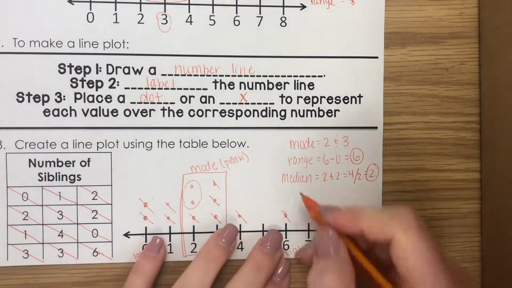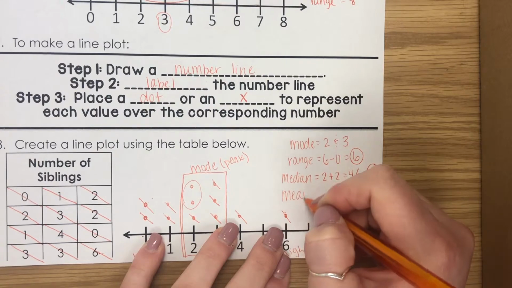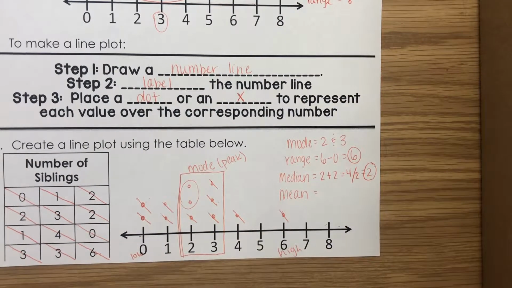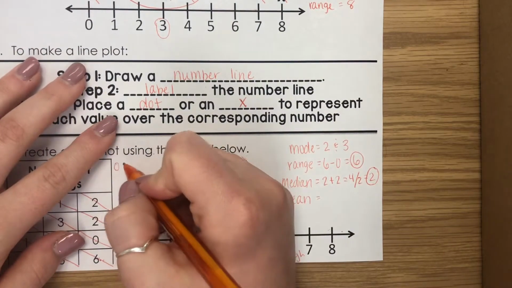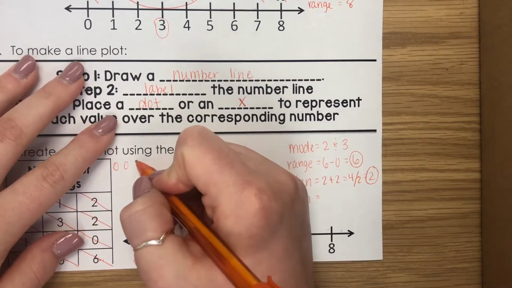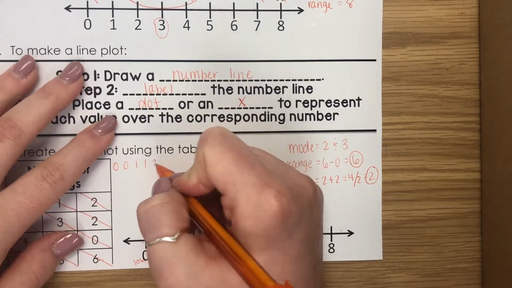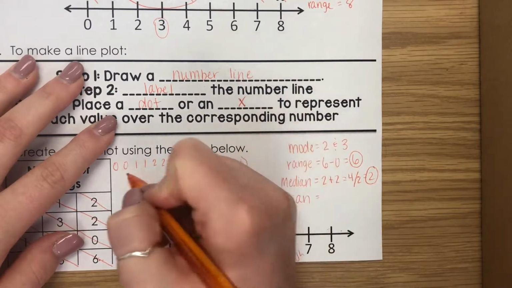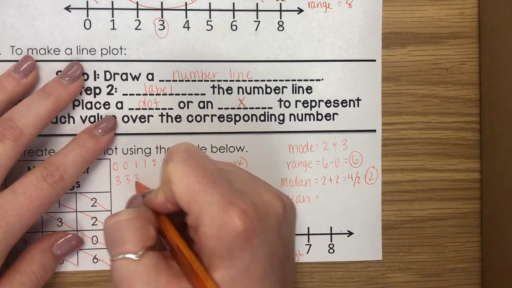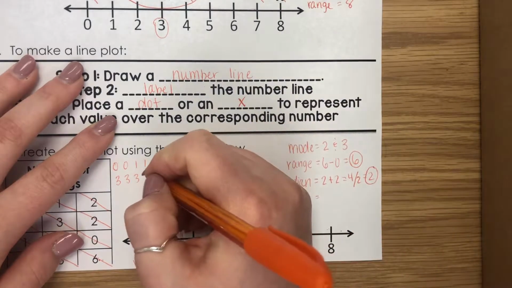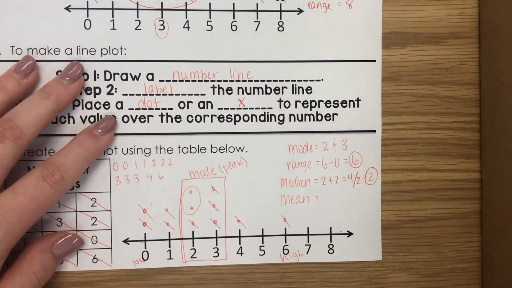And last but not least, we want to find our mean. And if we're trying to find our mean, we want to add together 0, 0, 1, 1, 2, 2, 2, 3, 3, 3, 4, and 6.